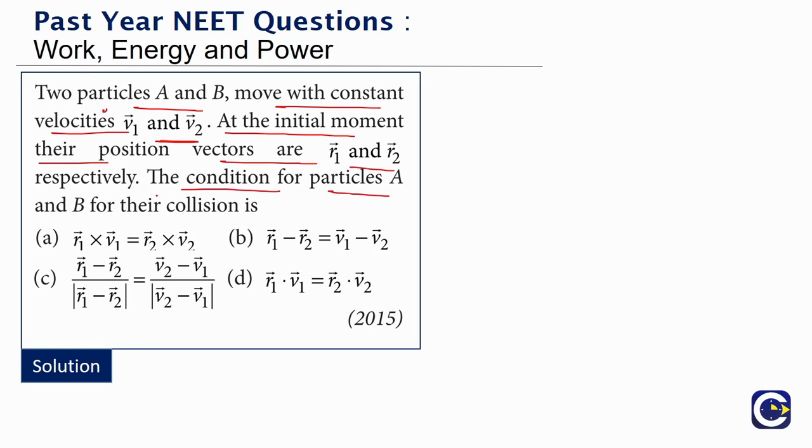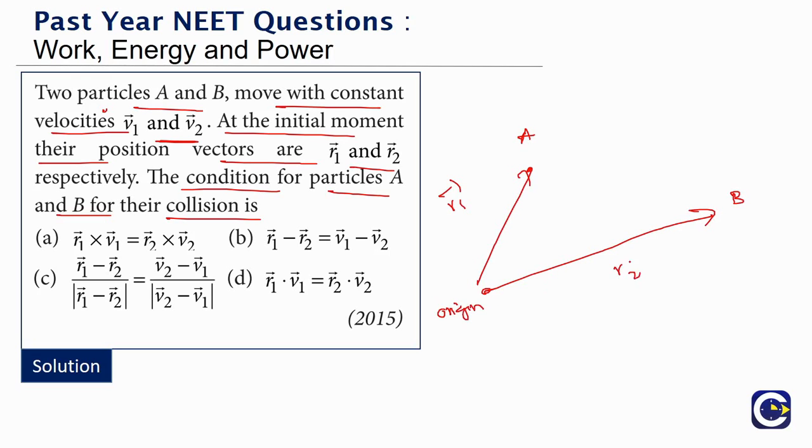The condition for the particles A and B for their collision is, means somewhere we have particle A and particle B. At the initial moment, their position vectors with respect to the origin are r1 for particle A and r2 for particle B. Their velocities are v1 bar and v2 bar, which are constant, meaning they will not change.